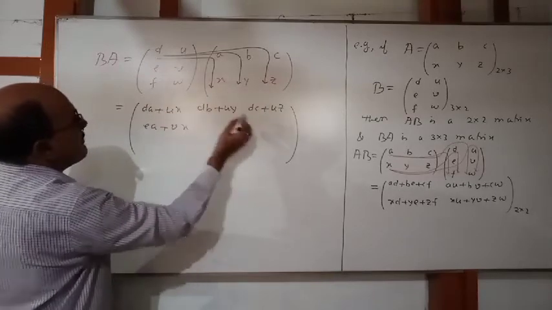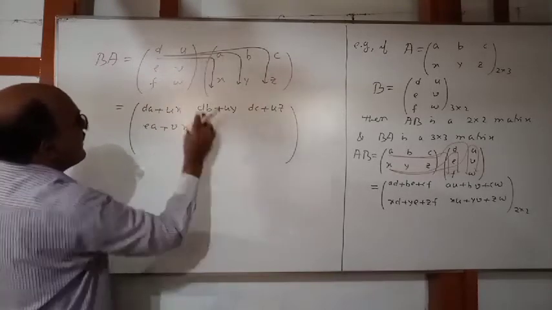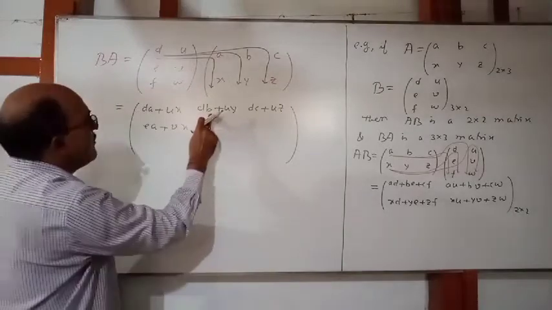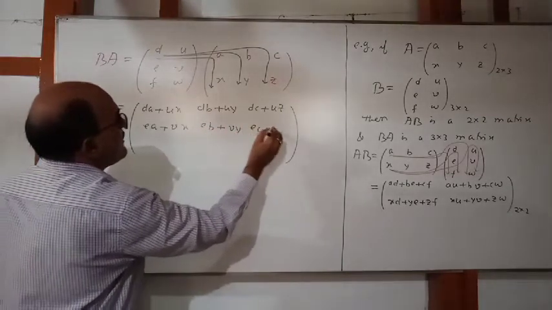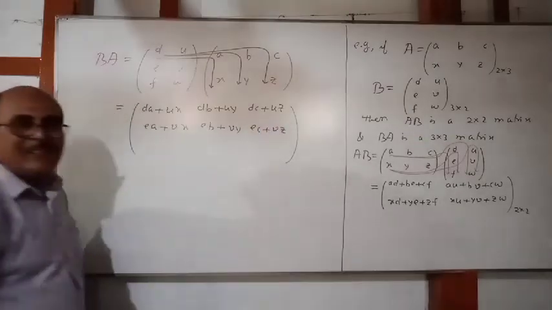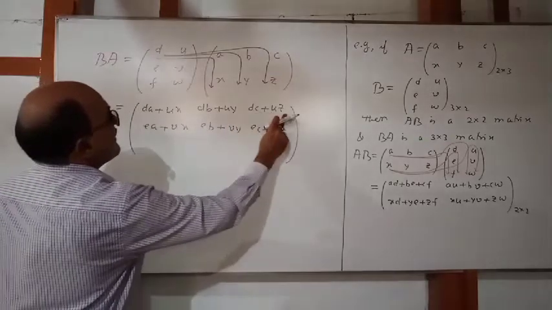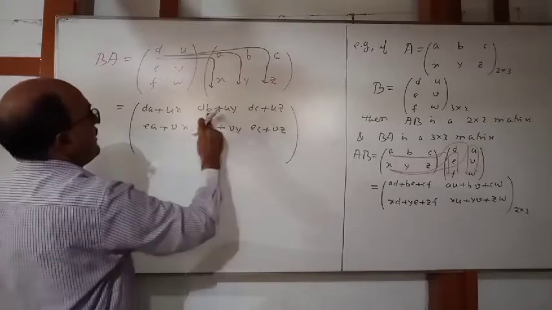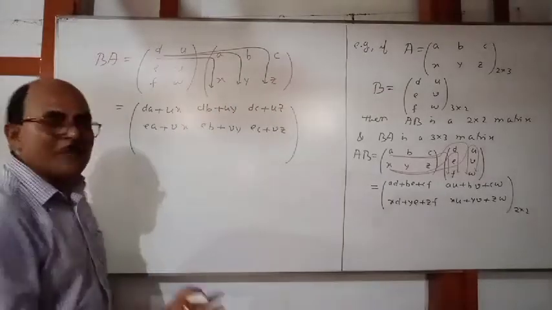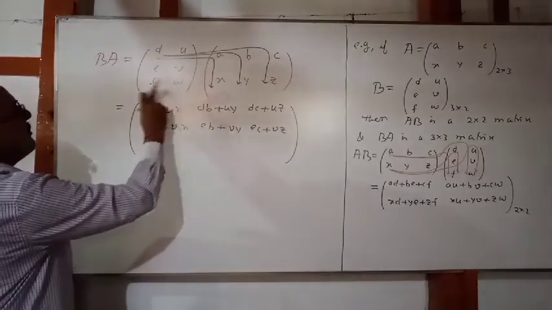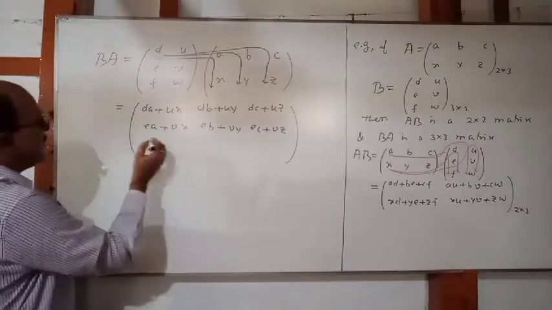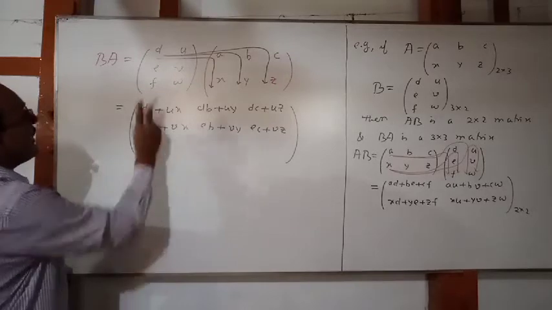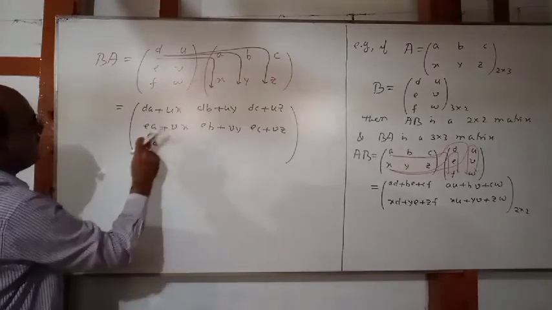Now it will be replaced by EV. So without looking there, looking here, I can write the answers. It will be EB plus VY, EC plus VZ, because this C and Z, this B and Y will remain the same. Now the same action I can do with FW, the third row. With the third row I shall get the third row of the product. So it will be, third row is F and W. See, without looking there also you can write the answer.